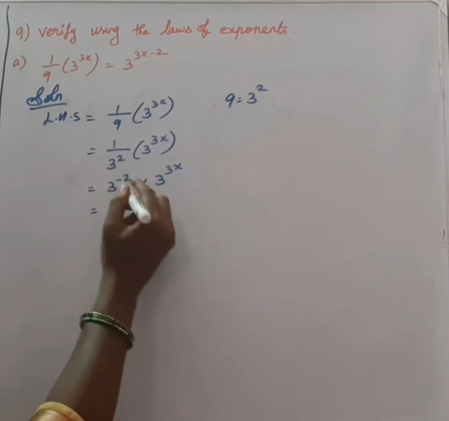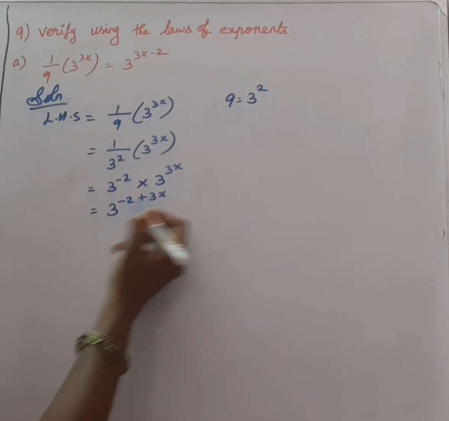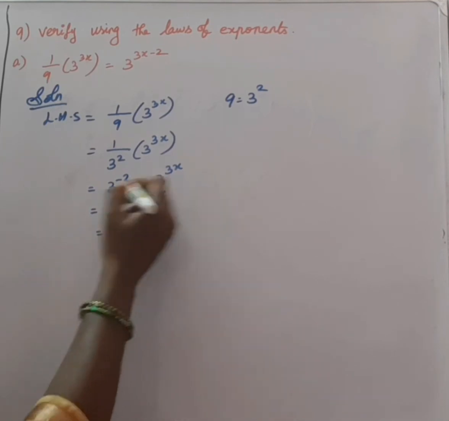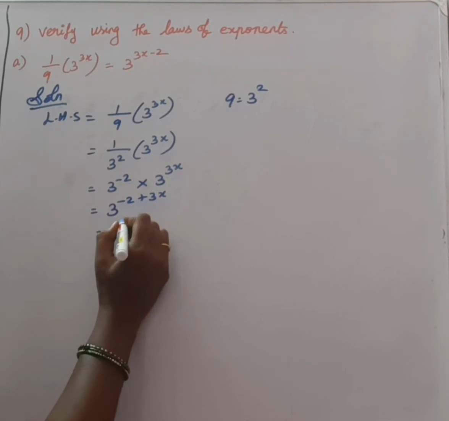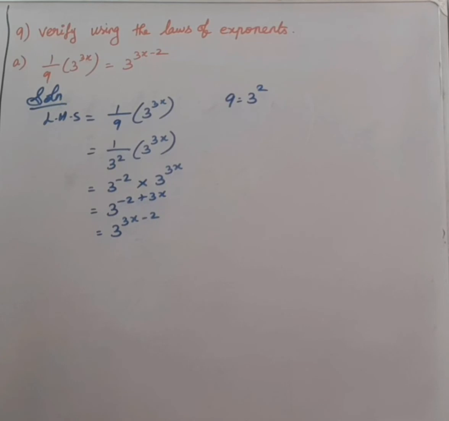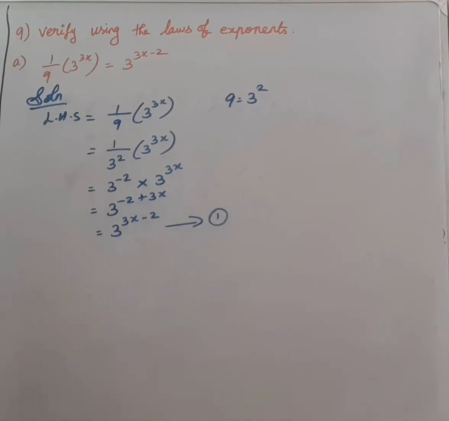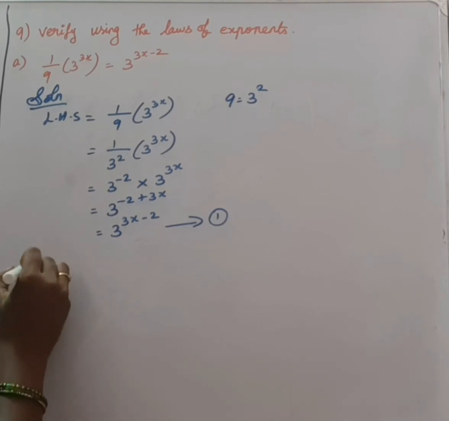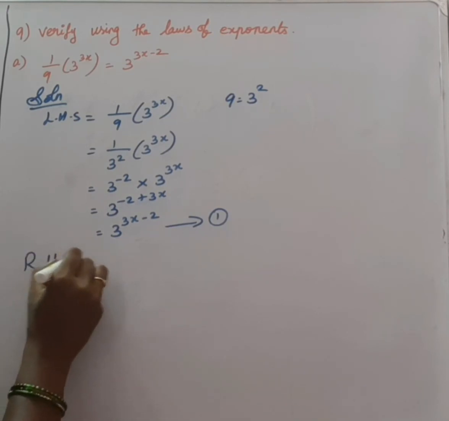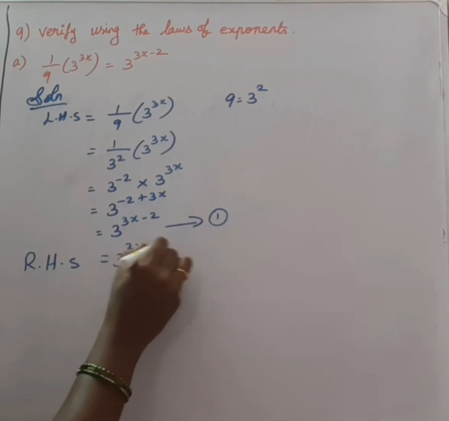So minus 2 plus 3x. It can be written as 3 power 3x minus 2. This is the LHS, equation number 1. Now what is the RHS they have given? 3 power 3x minus 2.